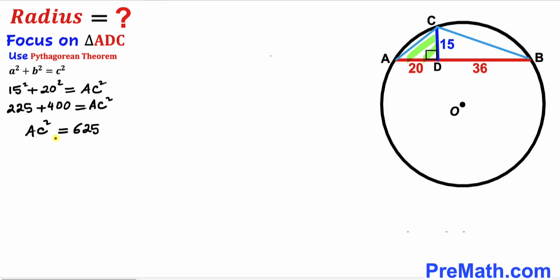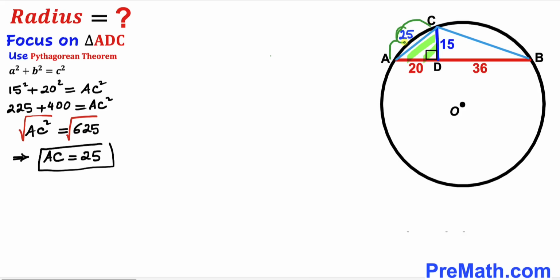Now I'm going to undo this square by taking a square root on both sides. So our hypotenuse AC length turns out to be positive 25 units.